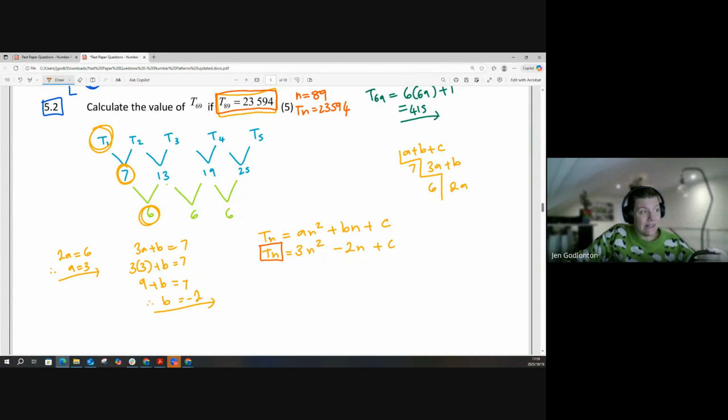So that means we know what that is, we know what that is, we know what that is, which means C will be our only unknown variable. Which means we can find it. So I have 23594 is equal to 3 times 89 squared minus 2 times 89 plus C.